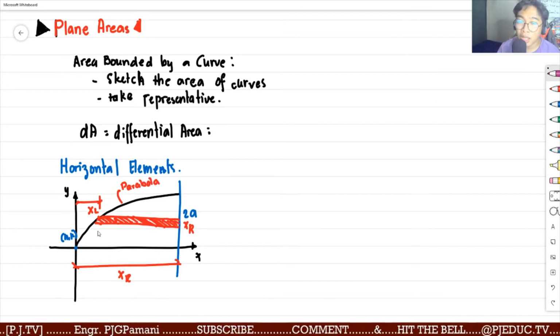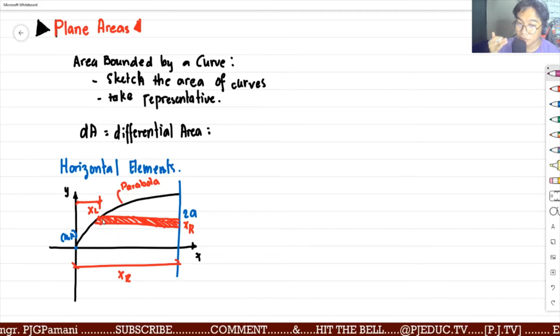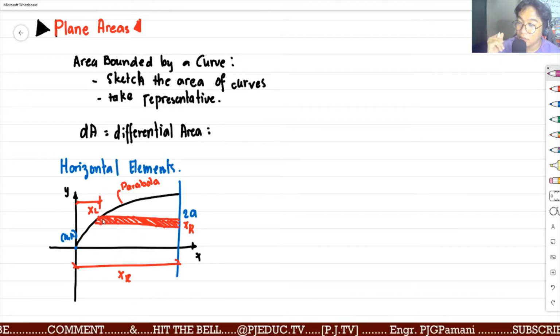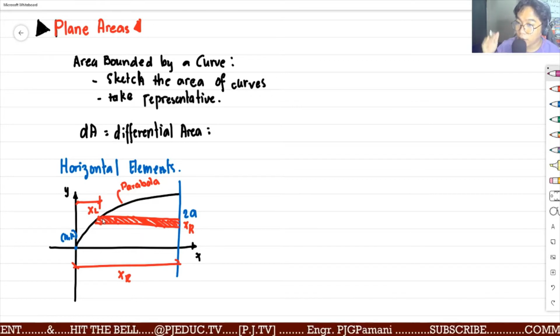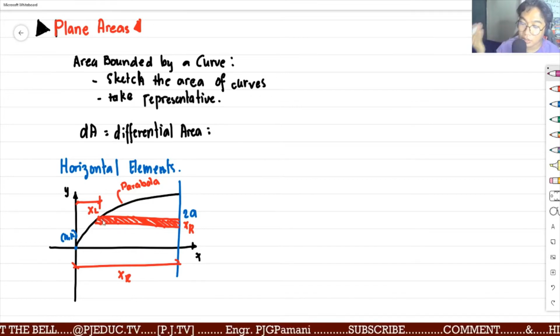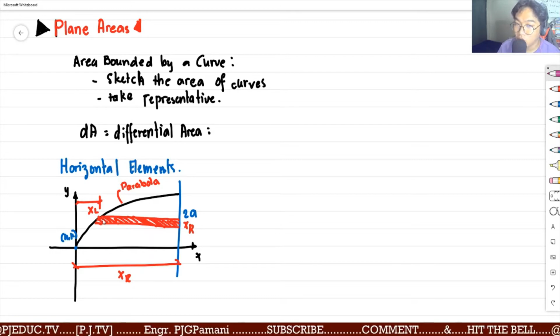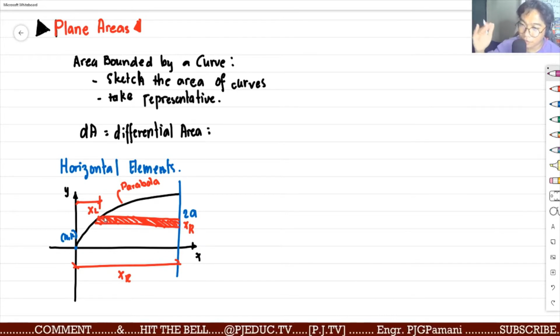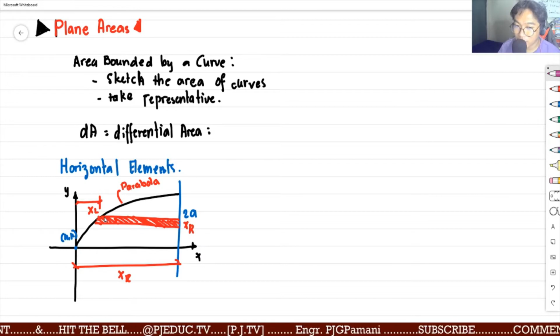Hindi lang parabola ha, minsan meron tayong equations, combination of parabolic curve dissected by a line. Hanapin nyo yung intersection ni parabolic at saka ni line, or a combination of a hyperbolic curve with a dissecting line, and so forth.